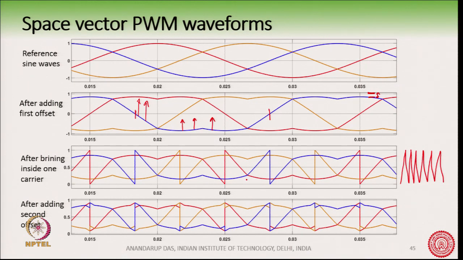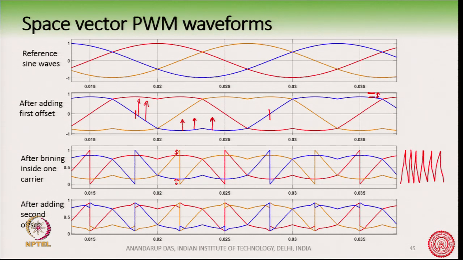Now, what happens after we have brought these waveforms into one carrier? We see that the start and end vectors are not equal. How can we know that? We see here that this distance and this distance, for example, are not equal.